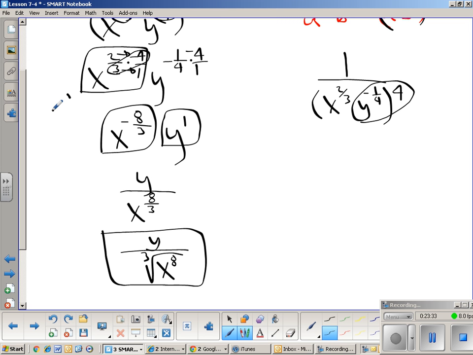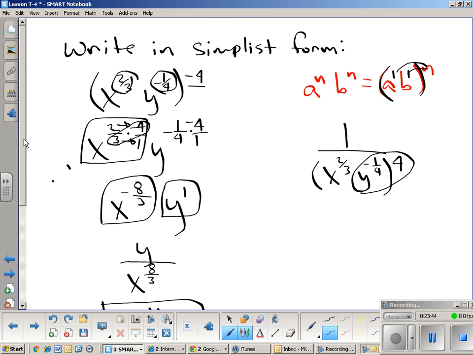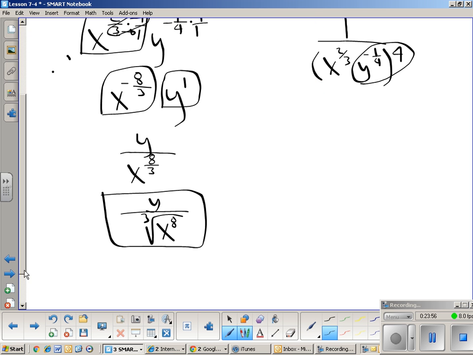Everything still had to be dealt with. I just try not to keep moving things up and down and up and down; I try to do that all at once. Because I saw a negative sign inside and a negative outside, I knew I'd have to move things a couple times if I didn't deal with this first. Any questions on that example?